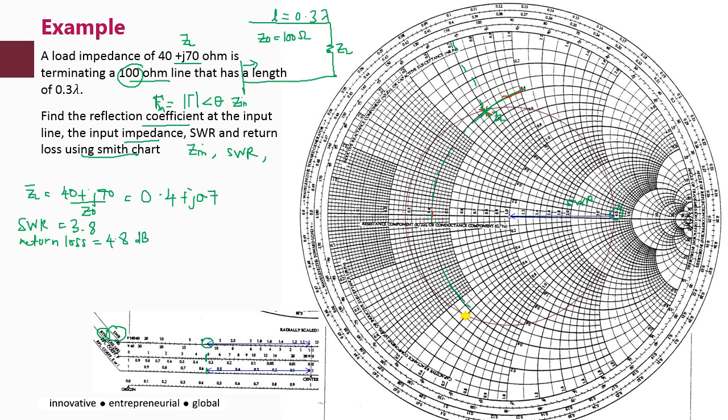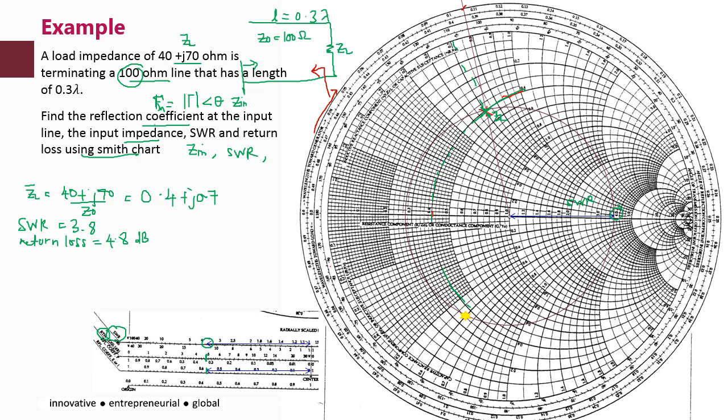And then what else? The reflection coefficient at the input. The question asks about the input point, not the load point, right? So now you can find the Zin. As usual, draw the lines so you can see the current position. To determine the Zin, you need to look towards the generator, looking this way, on the outer scale.